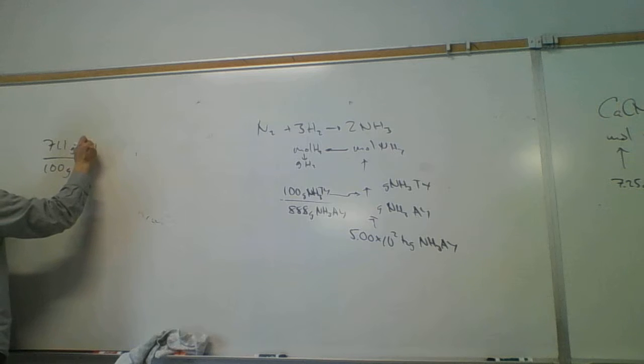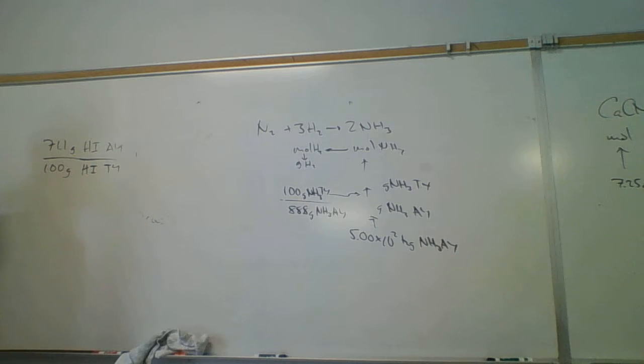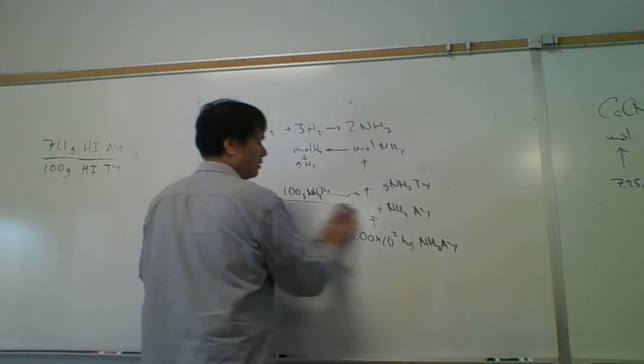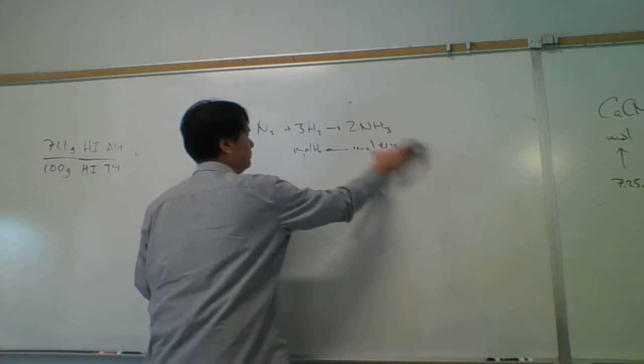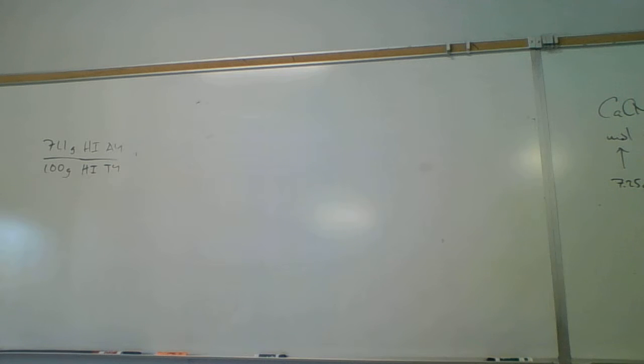Yeah, hydrogen iodide actual over hydrogen iodide theoretical. So the 331 grams is what? Is that actual or theoretical? This 331 grams of hydrogen iodide. Is that actual? Yeah, that's actual.